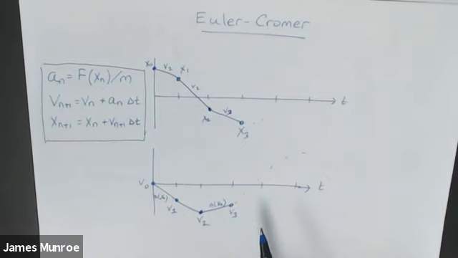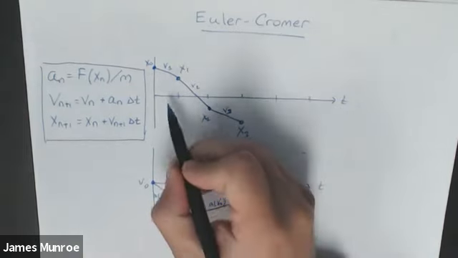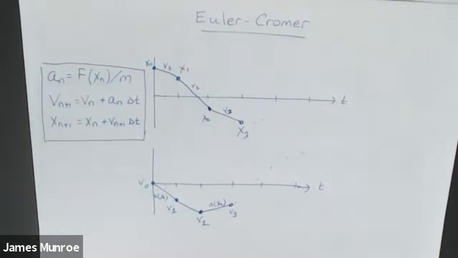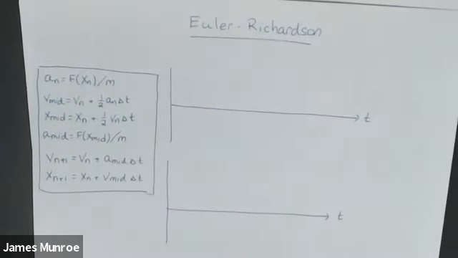But here's something we can do, is we can ask the question, what is the speed and the position halfway through this interval? This is called a mid-step algorithm or a half-step algorithm, and we can use the midpoint between the two to figure out what they're going to be. This is the idea of the Euler-Richardson algorithm.